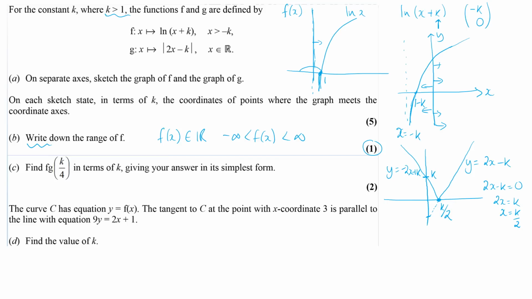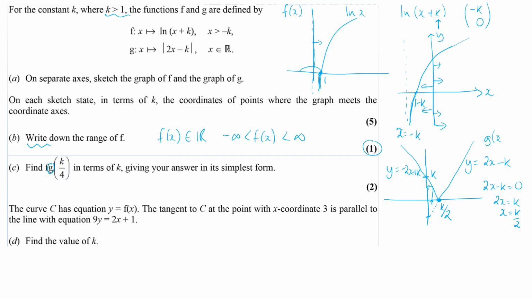Part C, fg of k over 4. This is a composite function. We've got to apply g first. Now k over 4 is going in, and in our g of x graph, we can see that k over 2 is the x-axis intercept, so k over 4, because k is positive, is going to be less, so it's going to be going up, and we want the answer here.